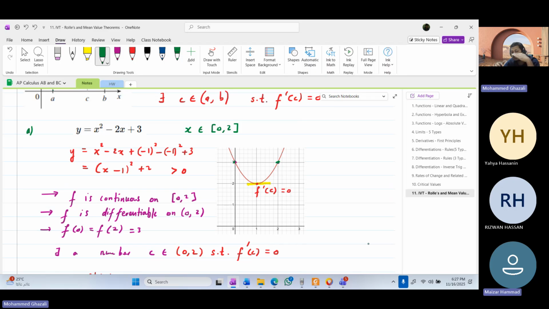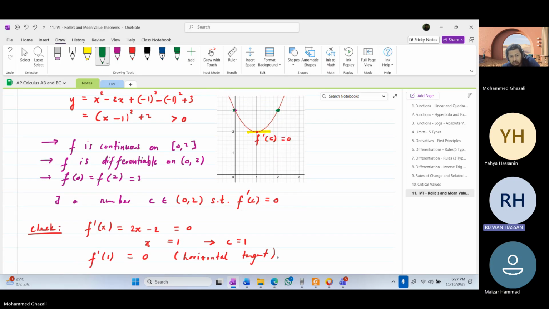So what about f of 1? Something happens at f of 1. f of 1 is 0. That's where the horizontal tangent is. I'm proving to you that the value for c is a critical value. c is a critical value of this function, and the critical value of this function is between 0 and 2.